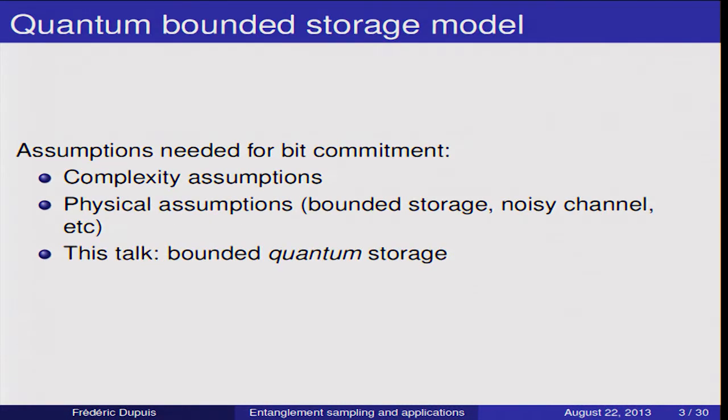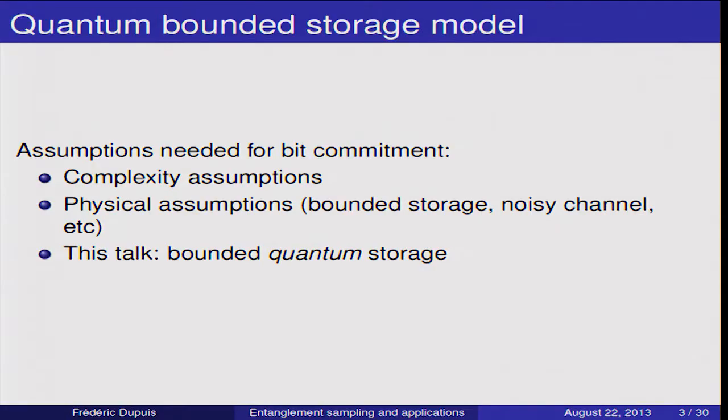So let's get started. As you all know, we can't just do bit commitment from scratch. If all we can do is communicate between Alice and Bob, even if the communication is quantum, we still can't do bit commitment without making some kind of assumption. Now, what kind of assumptions can we make?